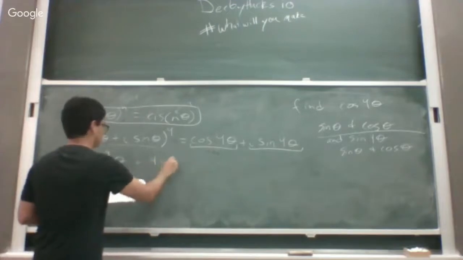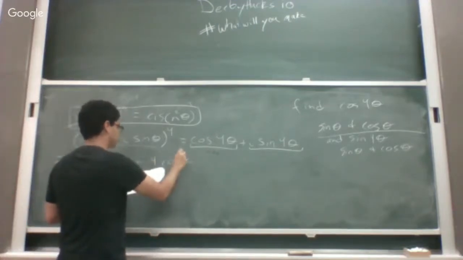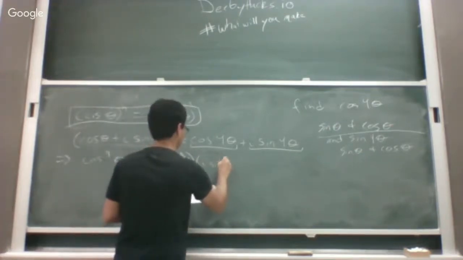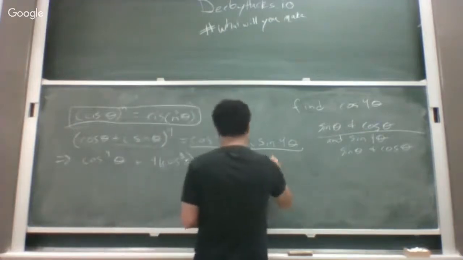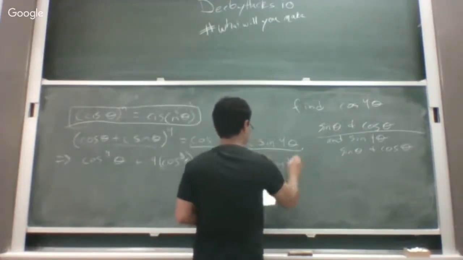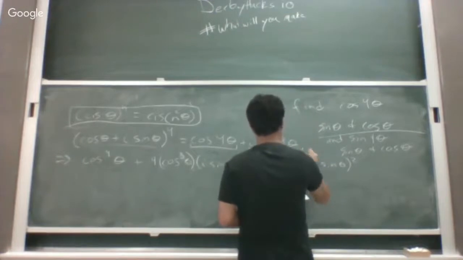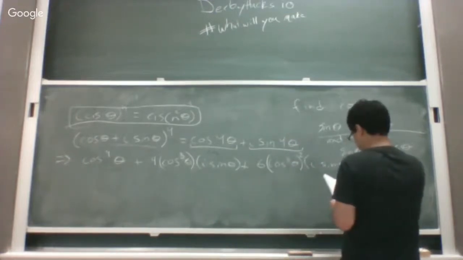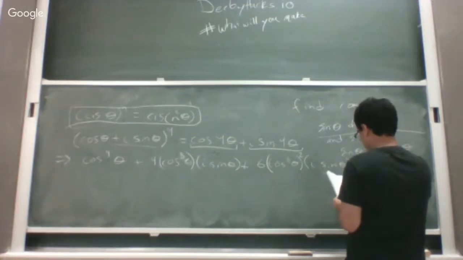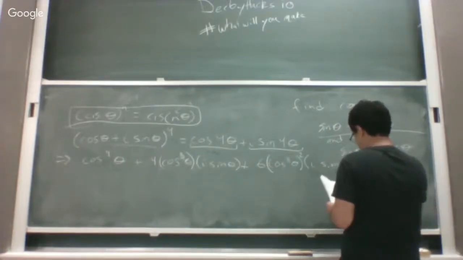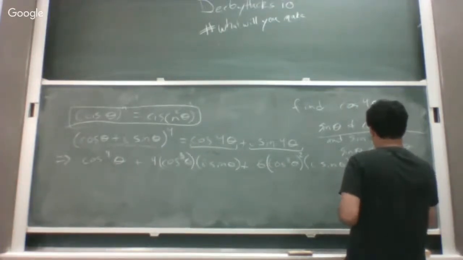Then we'll have plus cosine cubed theta times i sine of theta, plus 6 times cosine squared theta times i sine of theta squared, plus 4 cosine of theta times i sine of theta cubed, plus i sine of theta to the fourth.